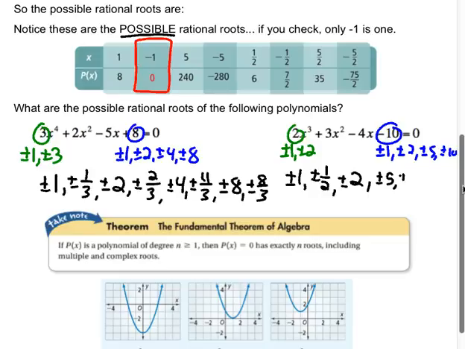5 divided by 1, 5 divided by 2, 10 divided by 1, and now 10 divided by 2 is 5, and 5 is already on my list, so I don't have to show it again, okay? So here, this list is an all-encompassing list of the possible rational roots of those polynomials.